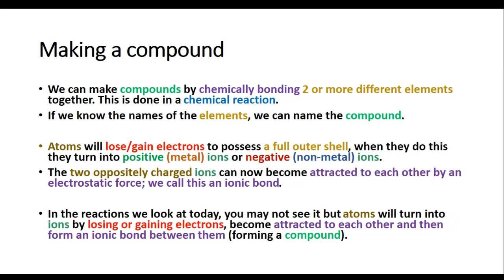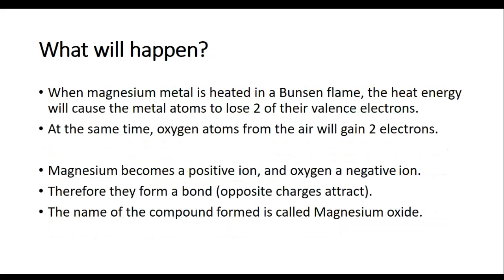Now in the reactions that we look at today, you won't see it, but the atoms involved in the different elements turn into ions by losing or gaining electrons. They then become attracted to each other and form an ionic bond between them, making a compound. So you don't see this process, but it's happening.